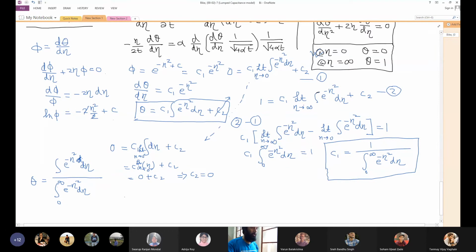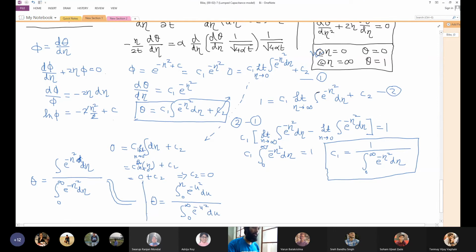So this is actually written in a slightly different form. This theta is written as the integration of 0 to eta, with a dummy variable, e to the power minus u square du, divided by the integration of 0 to infinity, where again I can replace this with any dummy variable, e to the power minus u square du.